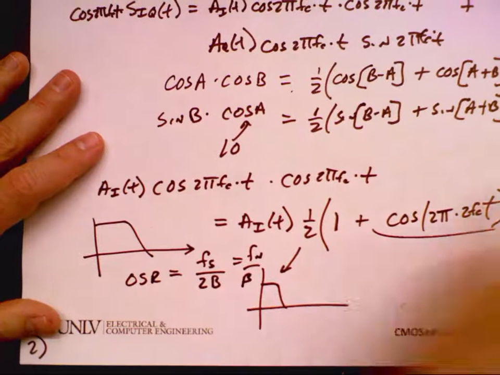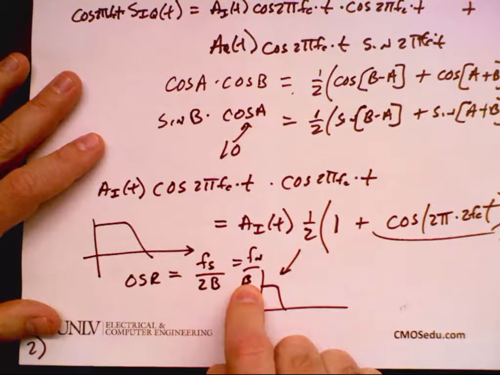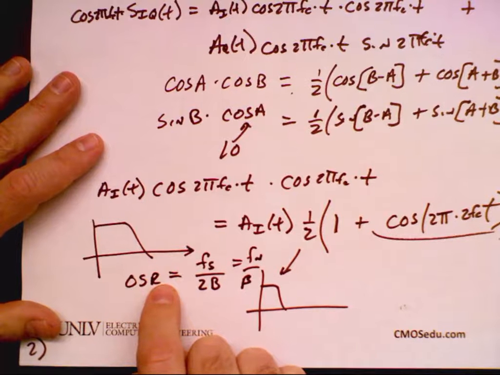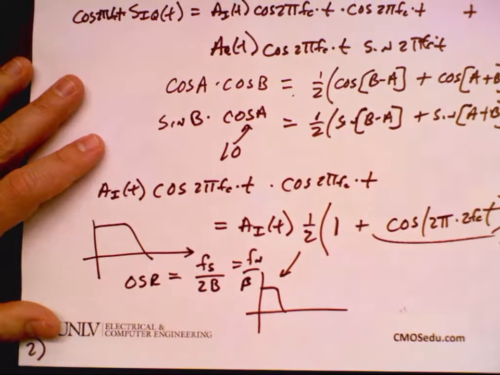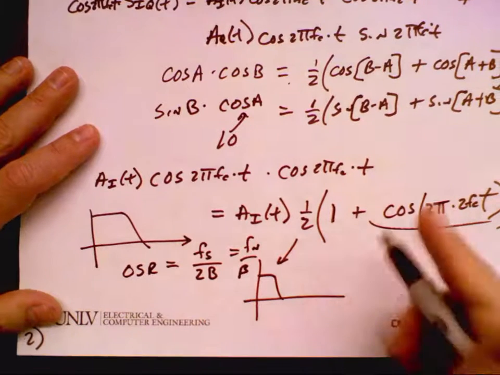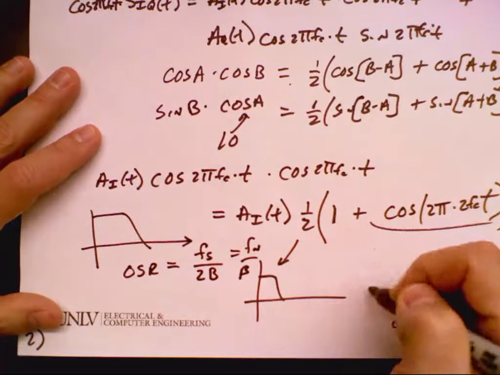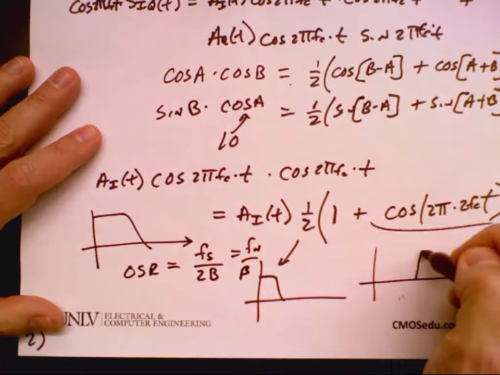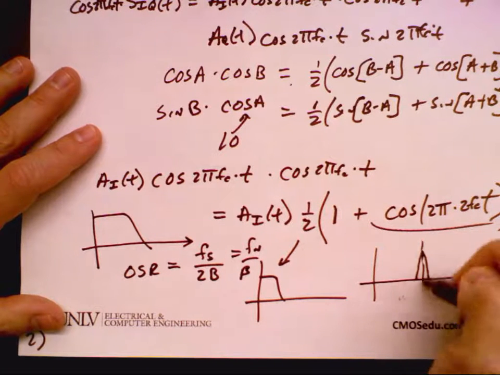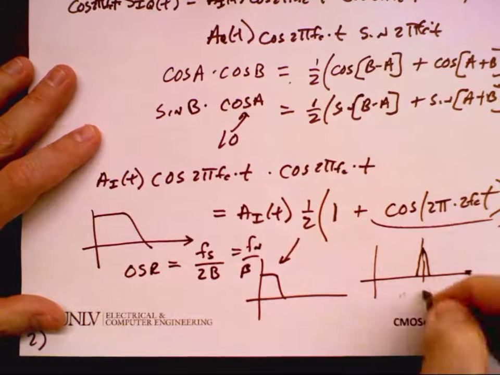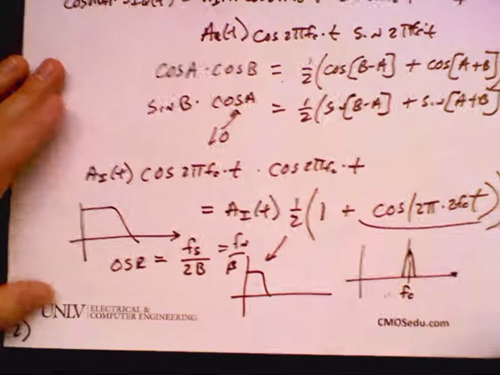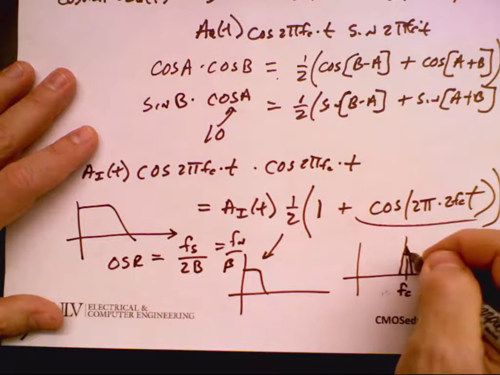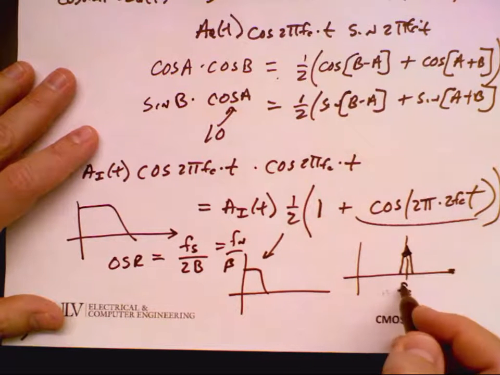And if we shrunk our bandwidth, we would get a higher oversampling ratio and our signal to noise ratio would go up. Okay, we get the same exact thing here, except when we look at the frequency range, we're going to have a frequency that is centered around this carrier, this intermediate frequency, okay? So in order to get good signal to noise ratio, we shrink the bandwidth around the carrier.